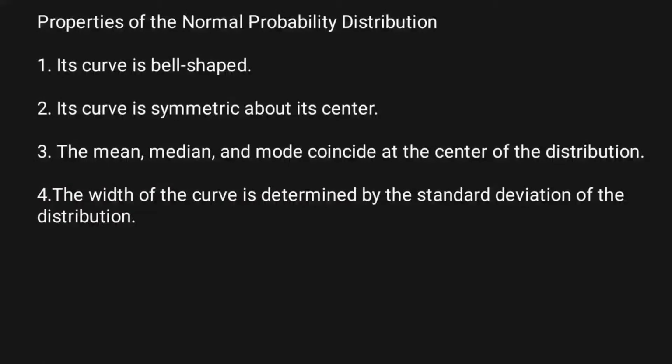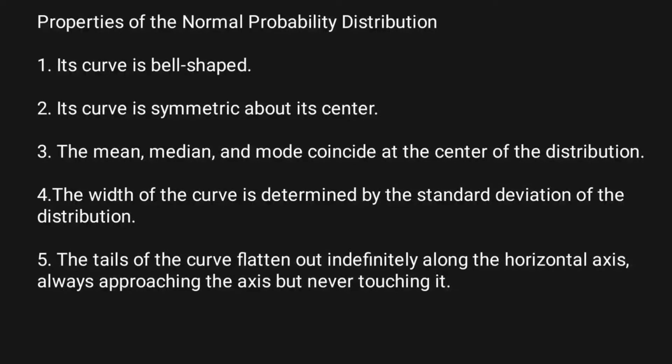The width of the curve is determined by the standard deviation of the distribution. Then the tails of the curve flatten out indefinitely along the horizontal axis, always approaching the axis but never touching it. So asymptote niya yung x-axis. The total area under the curve is 1.